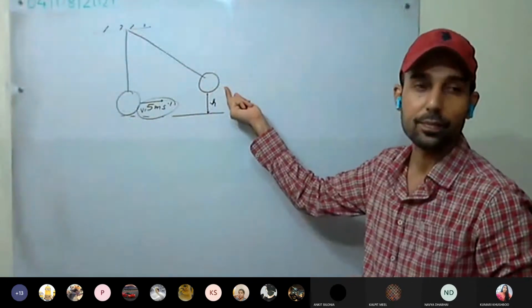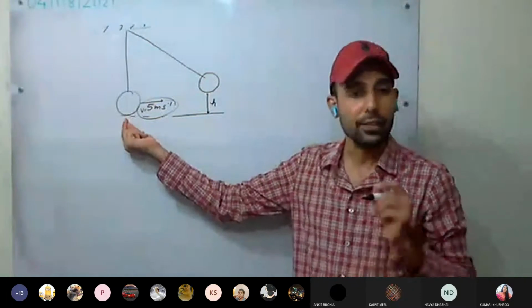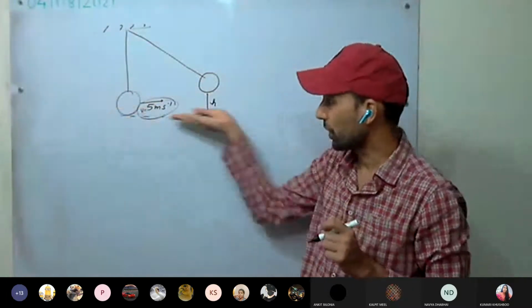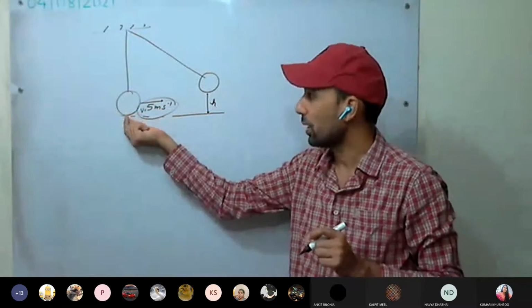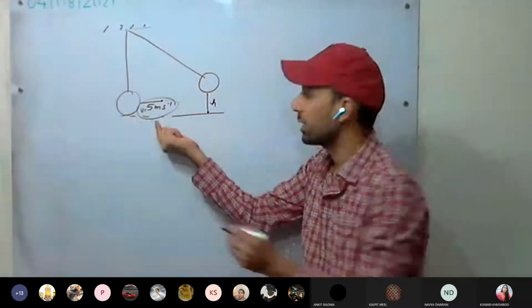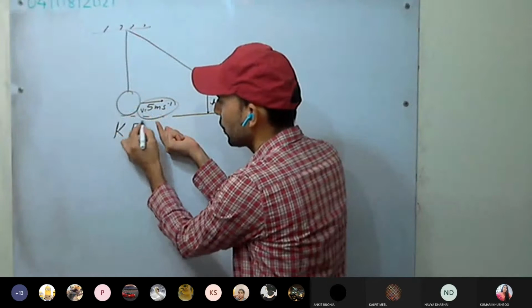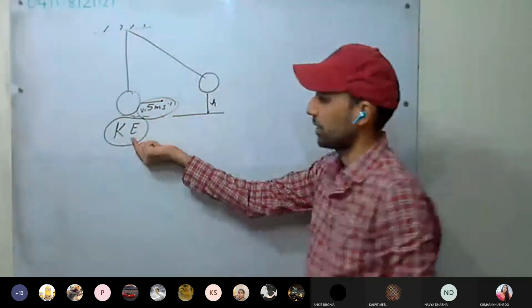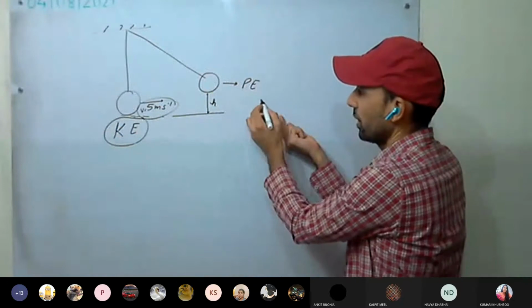See here, at this moment, it will have only the kinetic energy because we have taken this as the base. This is the ground we are taking. So it will have all the energy as kinetic energy. At this moment, at mean position, all the energy is the kinetic energy. And at this position, all the energy will be the potential energy only.